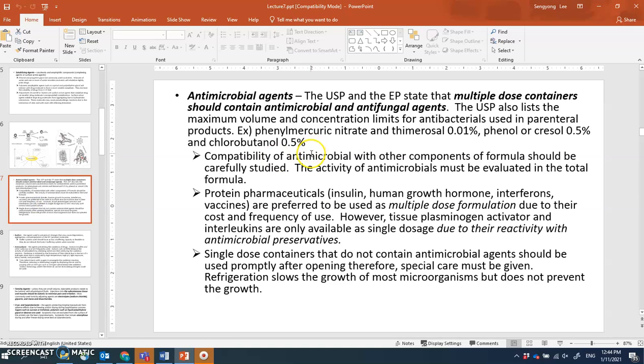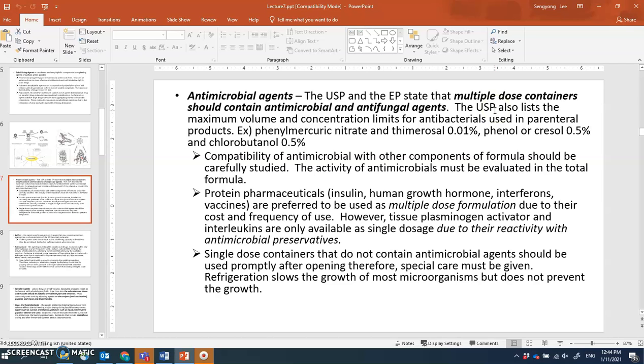And then antimicrobial agents. So you don't have anything growing in your injectable drug, of course, especially in a multi-dose container. What that means is like an injectable container, like a syringe filled with drug. It's not just you inject once and throw it away.